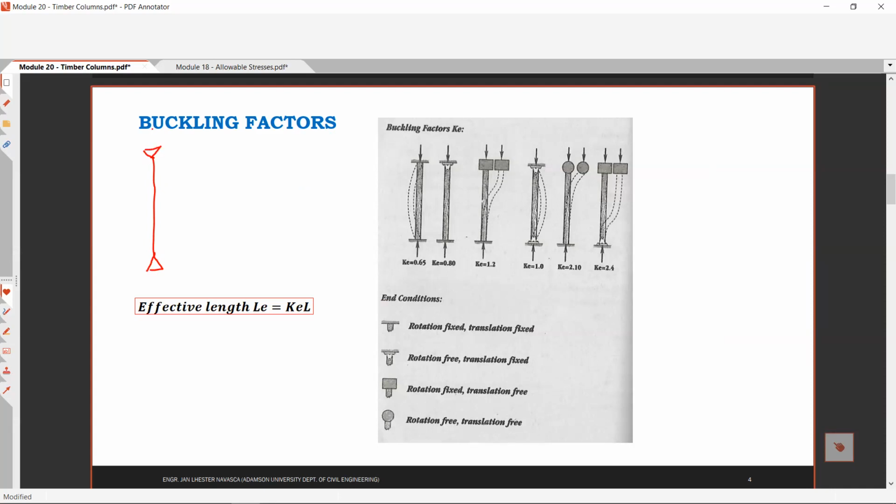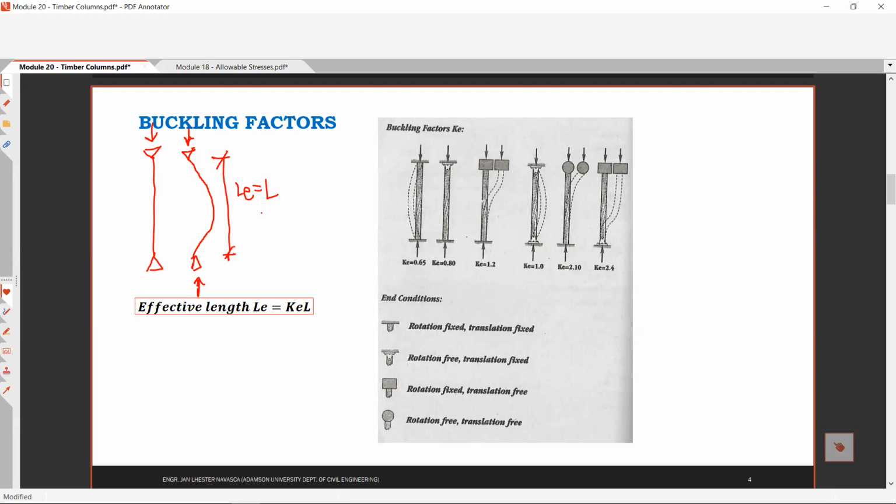When you apply a load, what happens to the buckling of your column when it is pin-pin is this: the whole total length will buckle. So the effective length is this one, the effective length LE is equal to L.